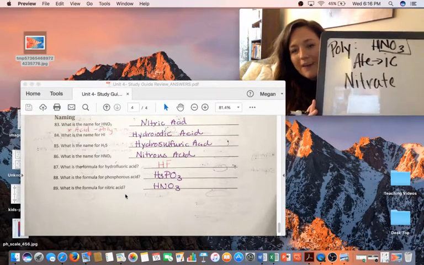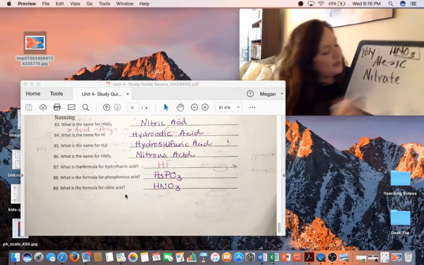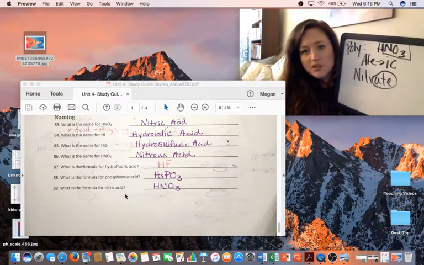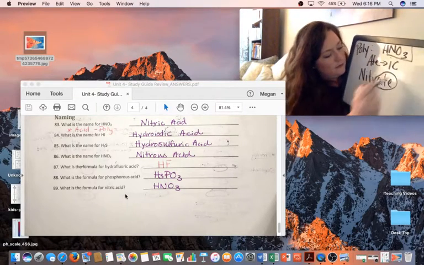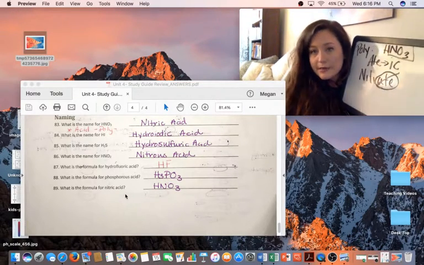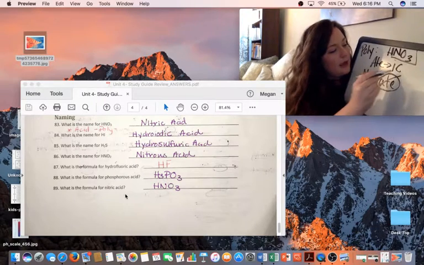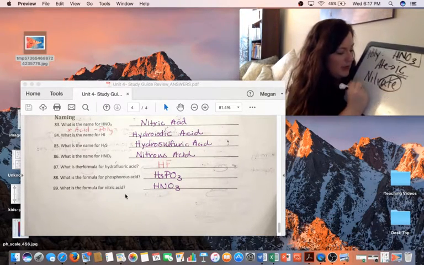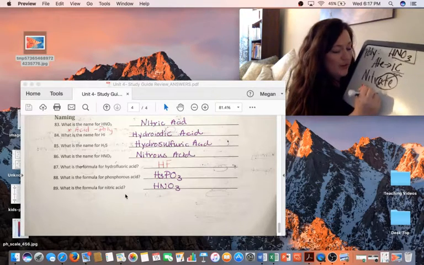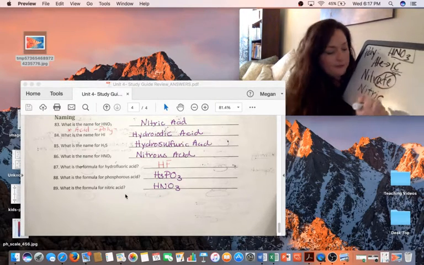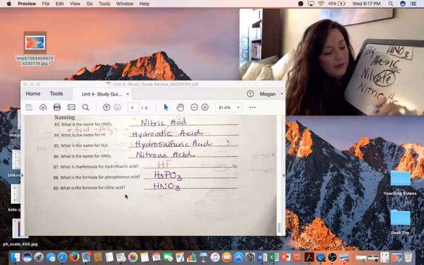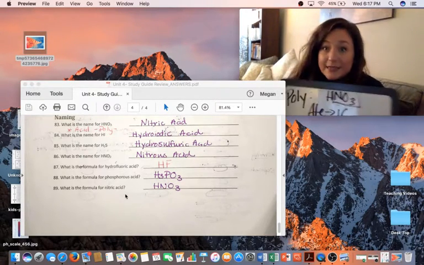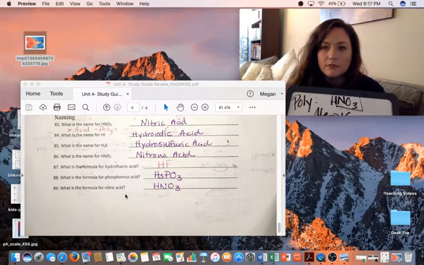So the fact that he's nitrate, we take literally the ATE, just the ATE, and say goodbye. And you're going to replace him with ic. And he becomes nitric acid. Again, last names are important. Like Ms. D, Devaney, my last name.